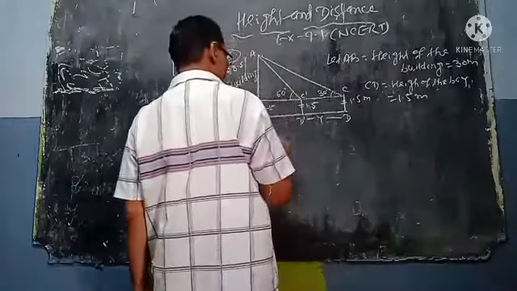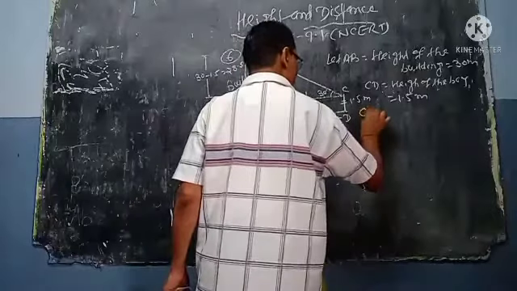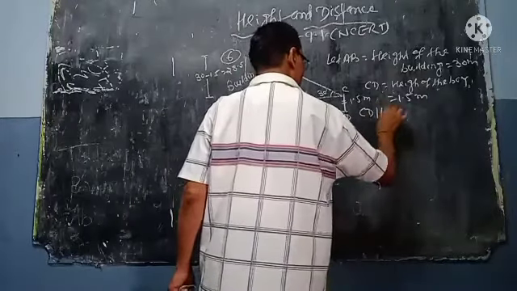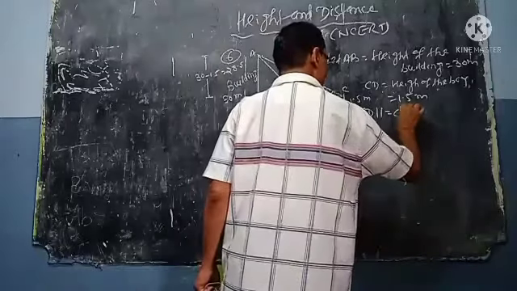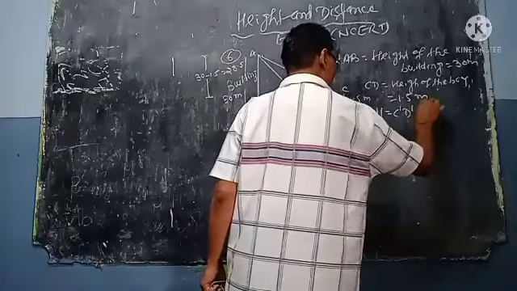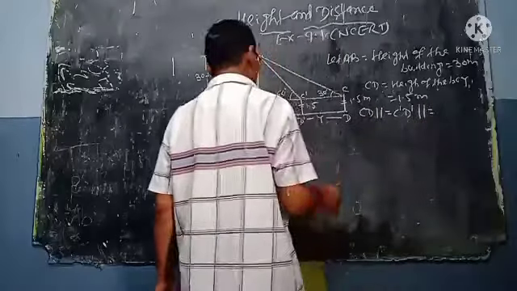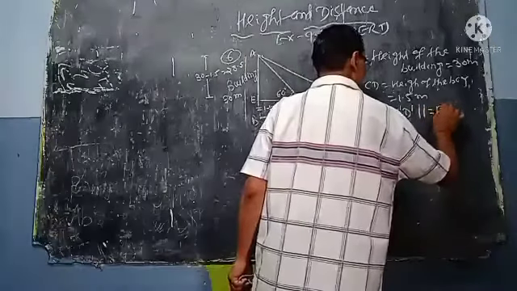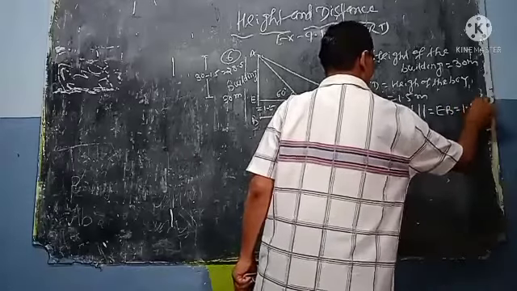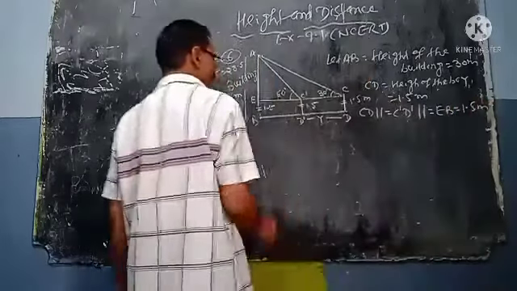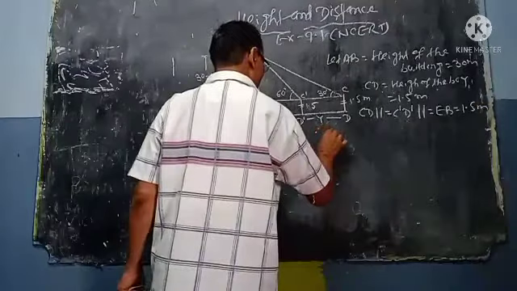Now CD is parallel and equal to C'D', parallel and equal to EB, and equal to 1.5 meters.